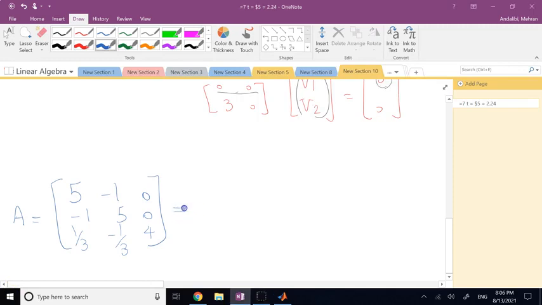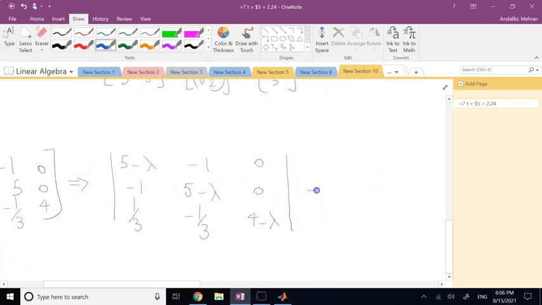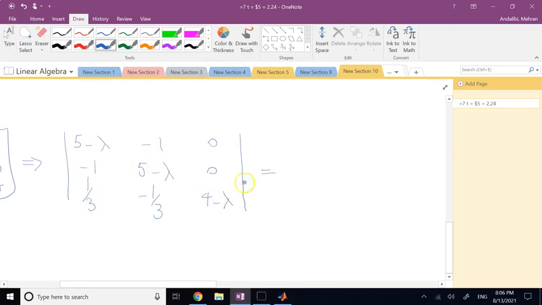And again, if I set the determinant of A minus lambda I equal to 0, you will get this matrix. If you set the determinant of this equal to 0, you can use Sarrus's method, and it gives you a cubic polynomial, correct?